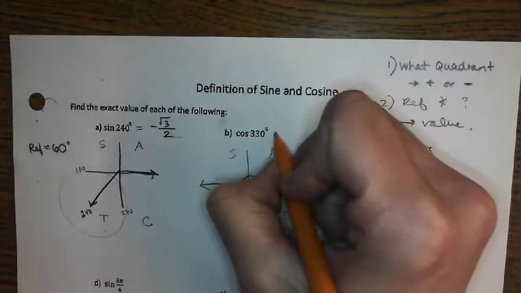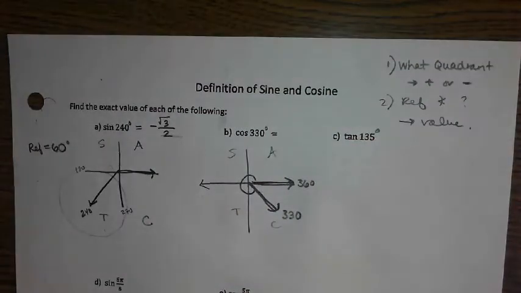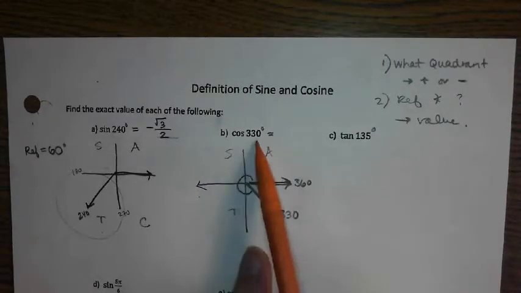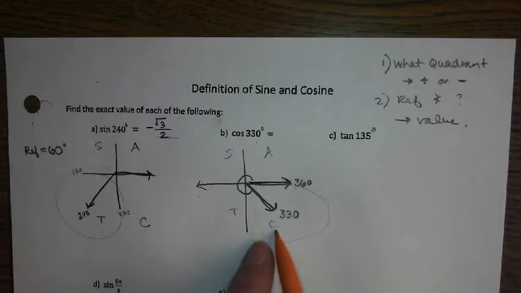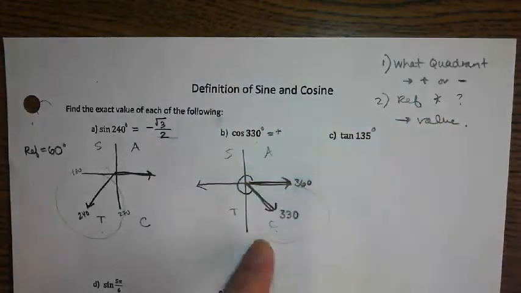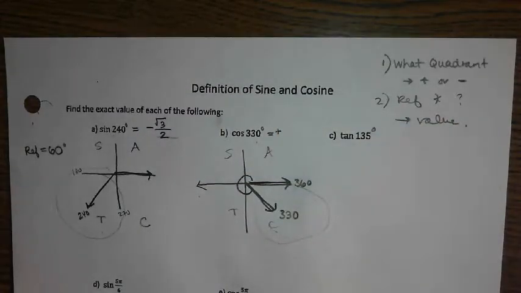Is this cosine of 330 going to be positive or negative? Who thinks they know? Nate. Positive. Because you're taking the cosine and you're in the fourth quadrant where cosine is positive. Plus. Obviously, you don't need to write the positive sign, but I think just to document that we thought about it, I think it's worth writing.